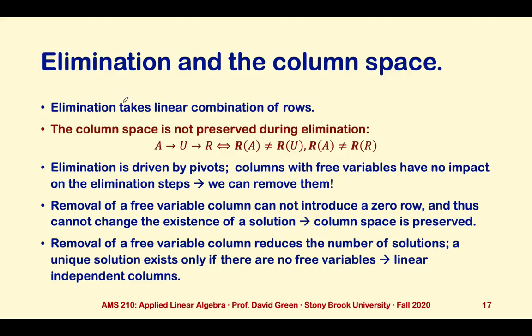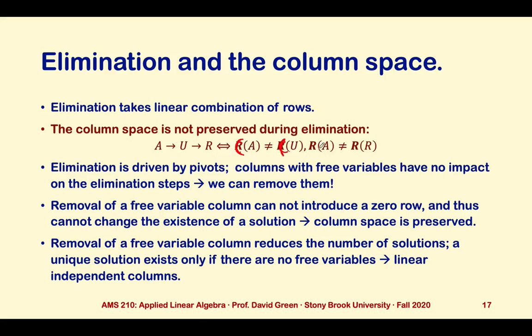One important thing to note is that because elimination is taking linear combinations of rows, it mixes up columns, right? That is, it scrambles the elements within a column. The column space is not preserved during elimination, unlike the row space. If we go from A to U to R, these should say column space here.